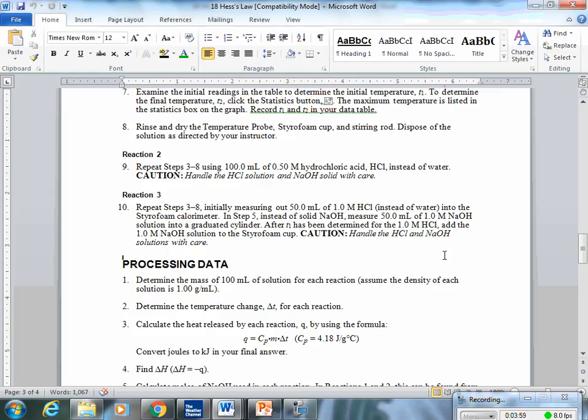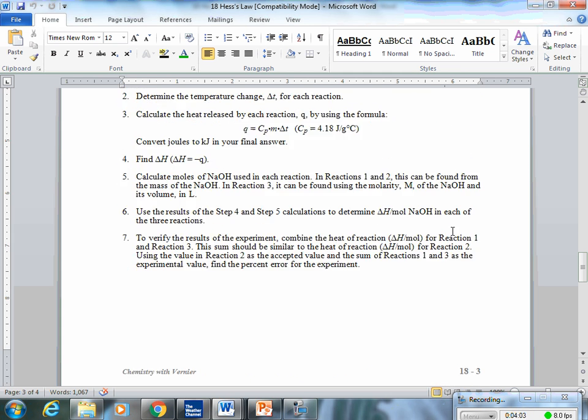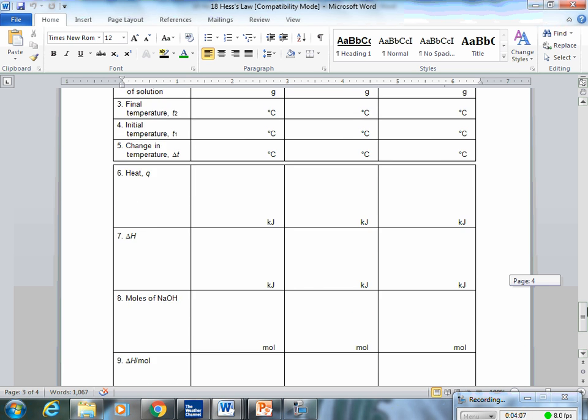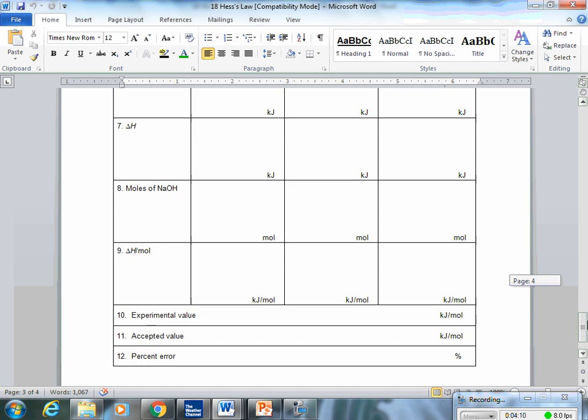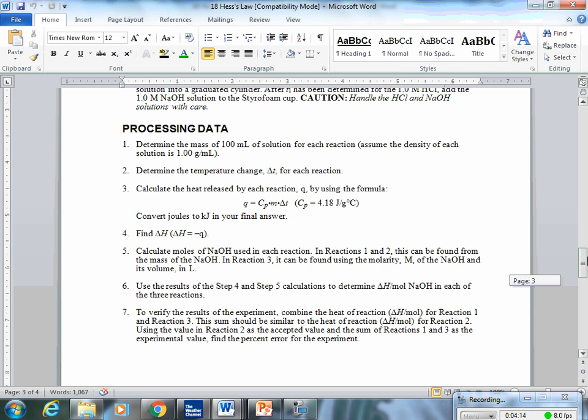Now, when we are processing the data, we have a data table that's going to be the big thing. I'm going to go through and check all your calculations when you turn these in. But the big thing is going to be following the directions for processing the data. Here it says determine the mass of 100 milliliters of solution for each reaction. Now, it is assuming that the density of each solution is 1.00 grams per milliliter.